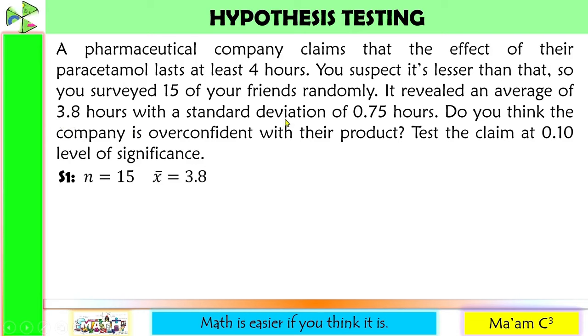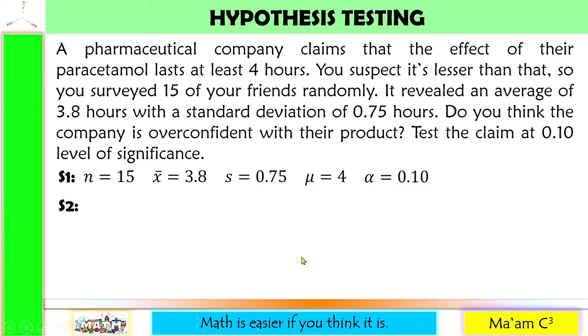With a standard deviation of 0.75 hours, also referring to the sample, so this is a small letter s. So this means these 4 hours here will be our population mean. And we have here 0.10 level of significance. Alpha is equal to 0.10.